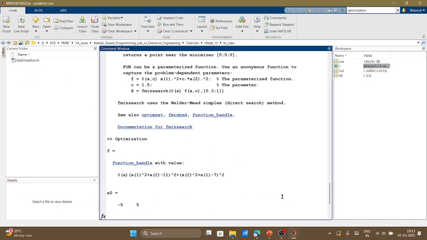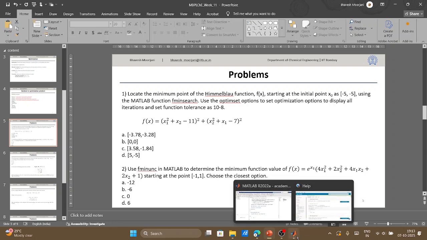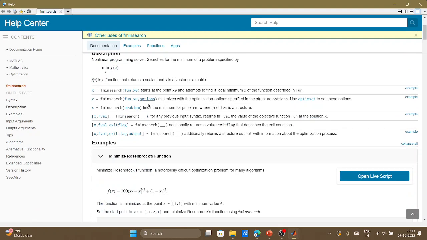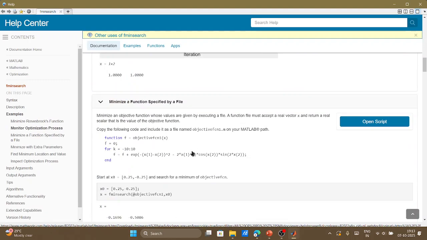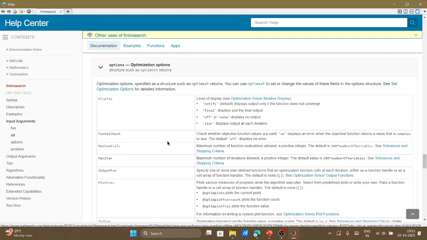Now in the fmin search, what have been asked to us is use optim set option to display all iterations and set function tolerance as 10 to the power minus 8. So let's say in the option part, what extra things we can provide. So here is the option.